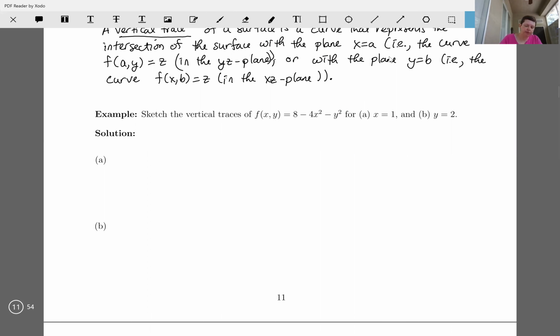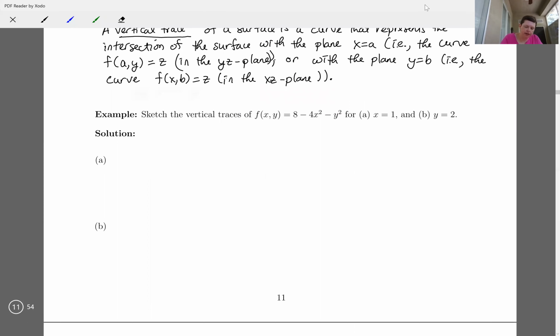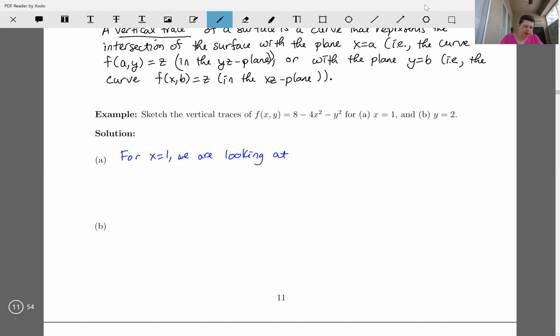So for the first one, for x is equal to 1, we are looking at f of 1, y, which is 8 minus 4 times 1 squared minus y squared equals z, or z is equal to 4 minus y squared.